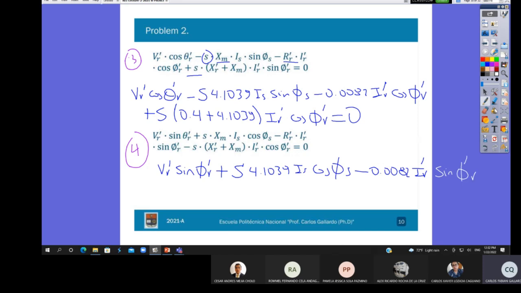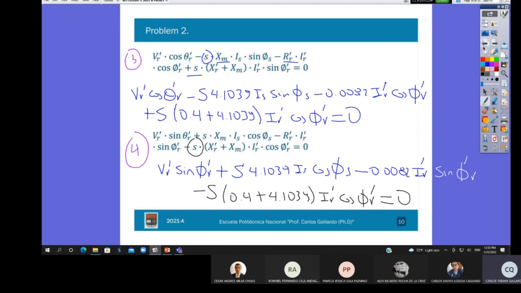And the last term is minus the slip times the rotor reactance 0.4 plus the magnetizing inductance 4.1039 times the rotor current referred to the stator cosine, and this is equal to 0.